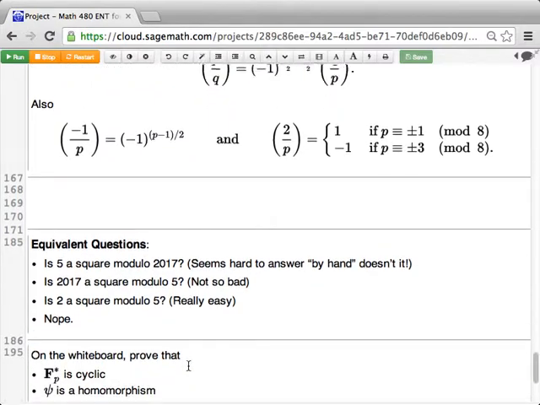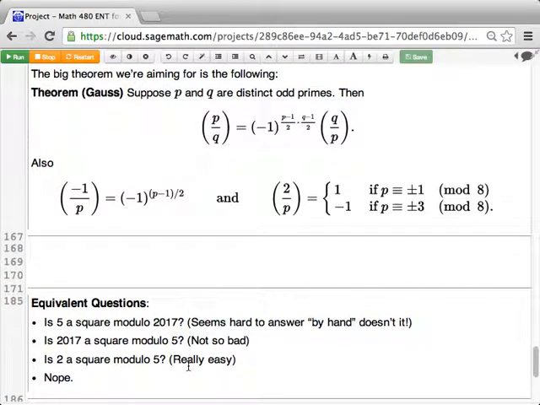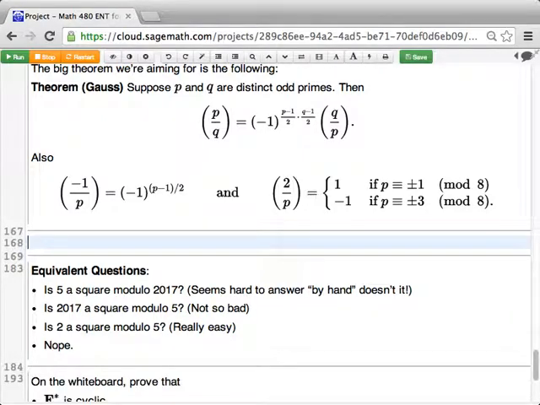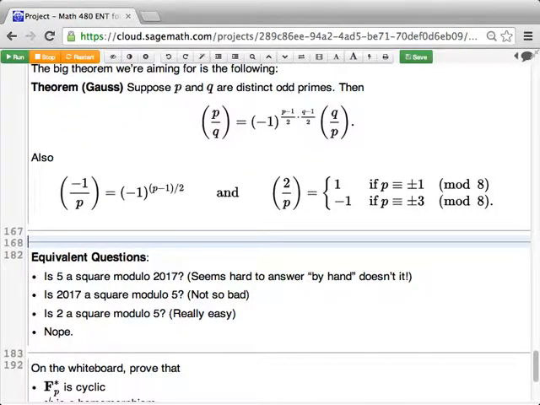Here's another little example just to play with this theorem for a second. It's nice because you can do this entirely in your head, or by hand. So you can ask, I wonder if 5 is a square modulo the next prime year, which is 2017. Is 5 a square modulo 2017?